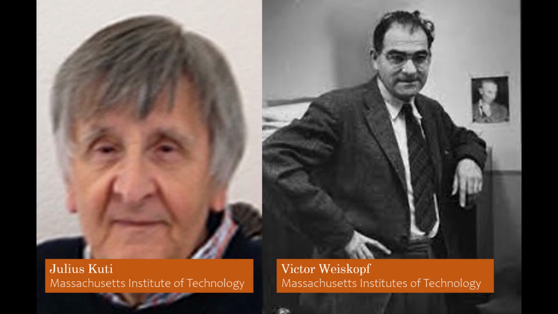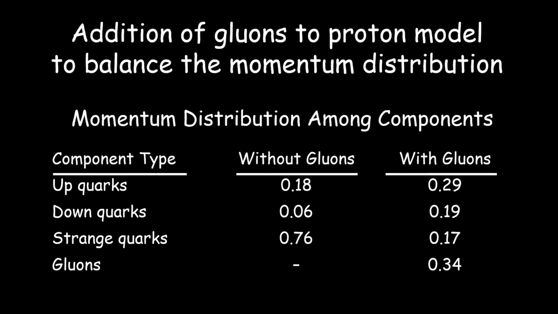Then, in 1971, Julius Kuti and Victor Weisskopf of MIT analyzed the fraction of proton momentum each type of quark in the proton carried. They showed that, in order for it to be reasonably balanced between the quark types, about 1/3 of the proton momentum had to be carried by uncharged particles called gluons that held the proton together.